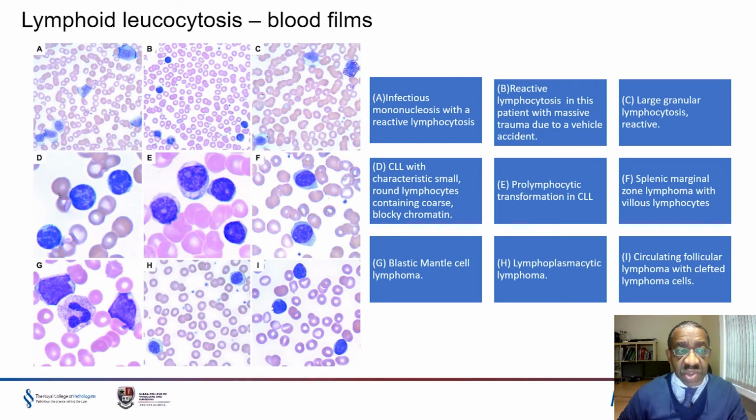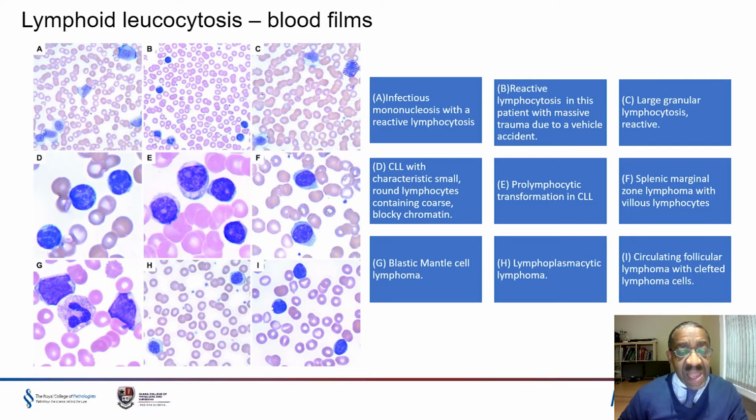This slide shows a lymphoid leukocytosis or a lymphocytosis, starting from image A once again, which is a reactive lymphocytosis due to glandular fever caused by the EBV infection, right up to the last 6 showing various forms of chronic lymphoproliferative disorders.